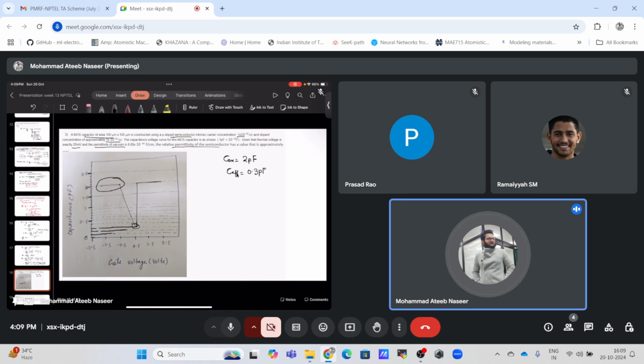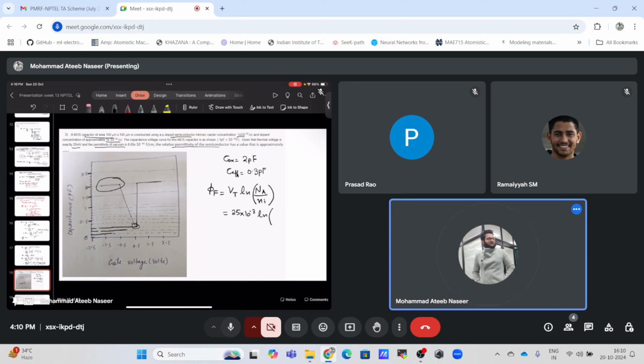For that I need to look into the phi f. Phi f is simply phi t ln of Na by Ni, and Vt is 25 milli ln of Na.